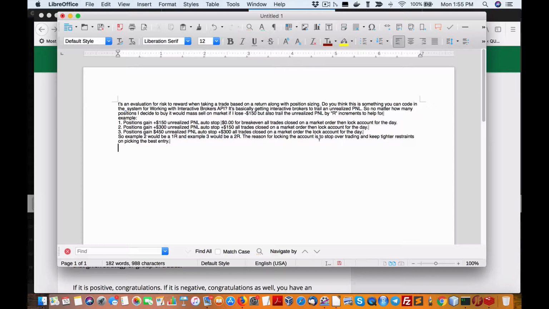The reason for locking the account is to stop overtrading and keep tighter restraints on picking the best entry. Correct, that is a positive way to do it, for sure. Here's the complex part, this R factor. I see no difference in looking at R as percent moves.